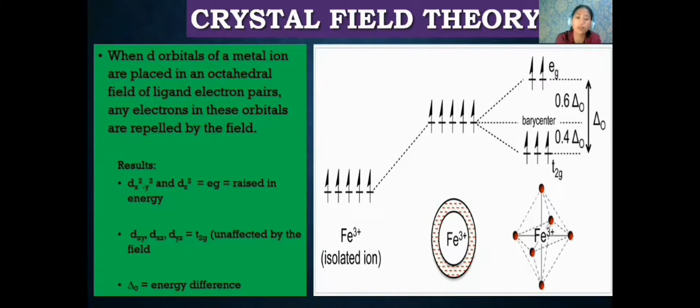When a ligand approaches this isolated ion, the orbitals are raised in energy, and due to repulsion of electrons, these five d orbitals are split into two sections. We have the eg set, and then the t2g set.